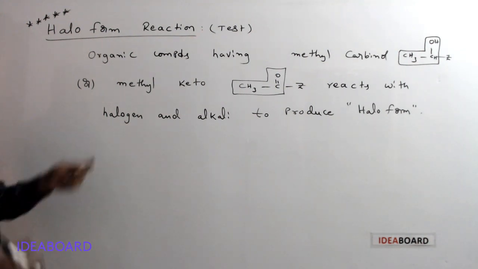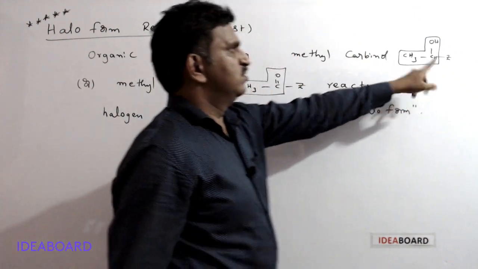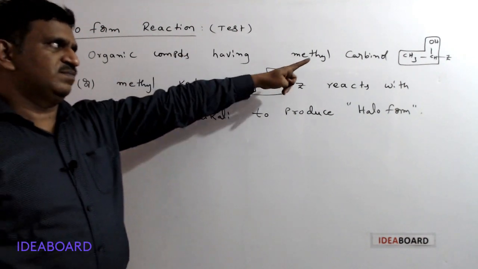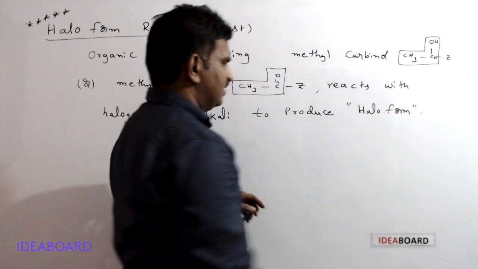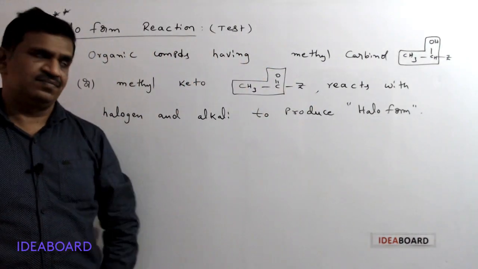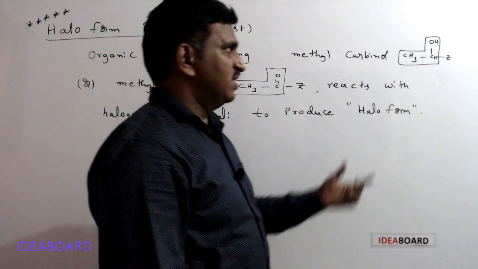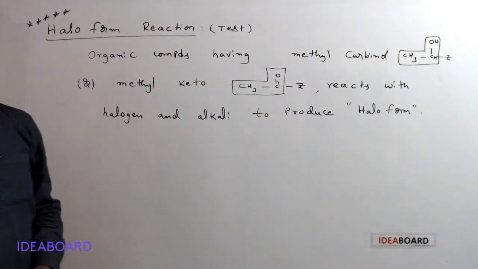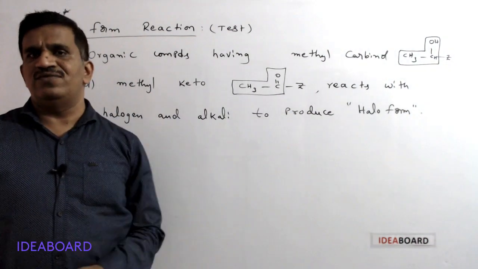So, organic compounds having a methyl carbinol group or methyl keto group, either of these groups, react with halogen and alkali to produce haloform. An organic compound which contains a methyl carbinol group or methyl keto group reacts with the halogen and alkali mixture to produce haloforms.